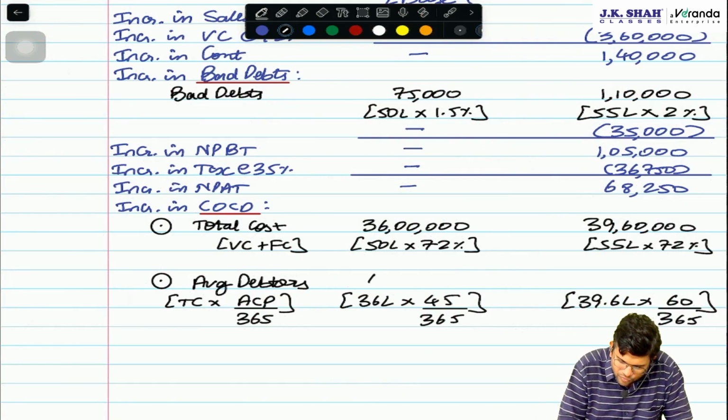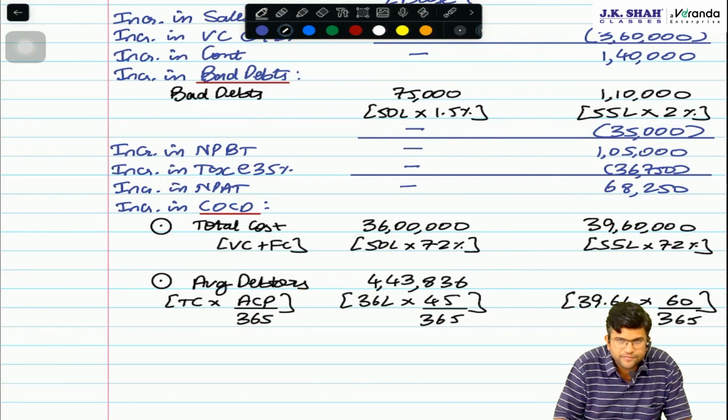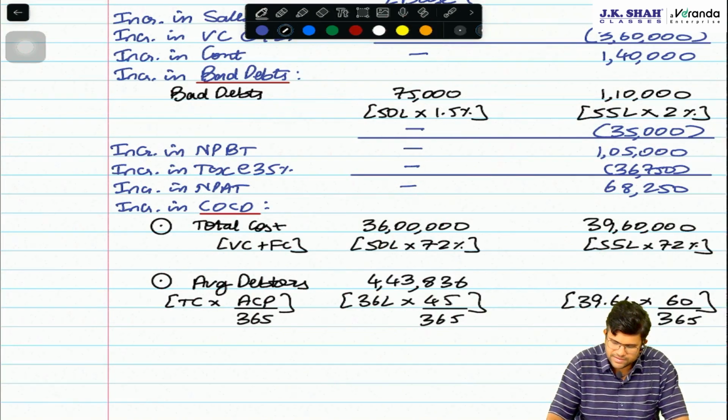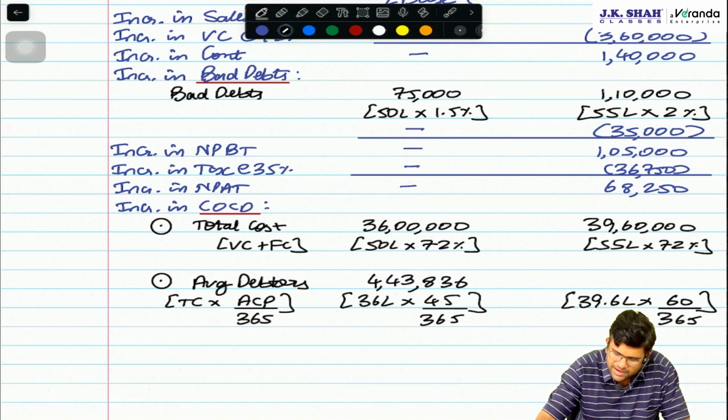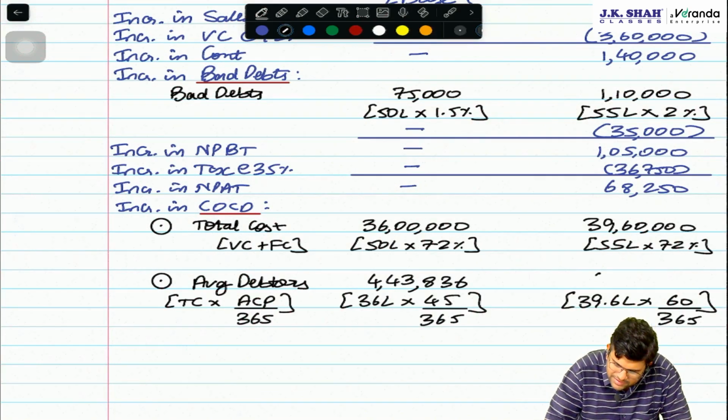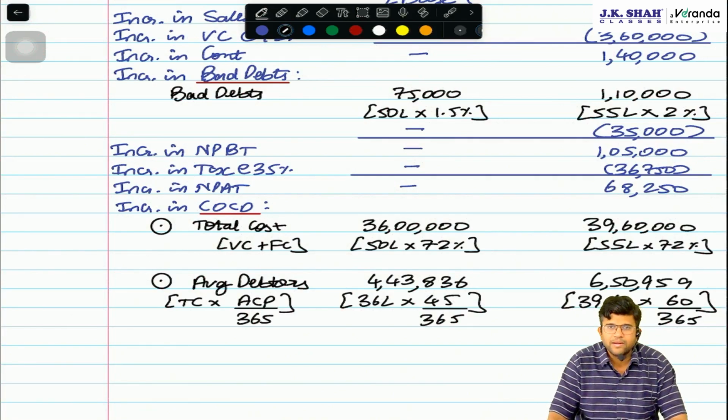I get 4,43,836. And here I get 39,60,000 multiplied by 60 divided by 365, and I get 6,50,959. Everyone clear?